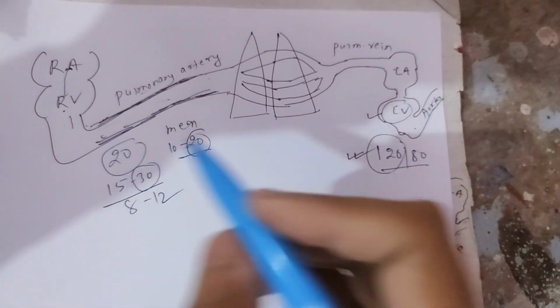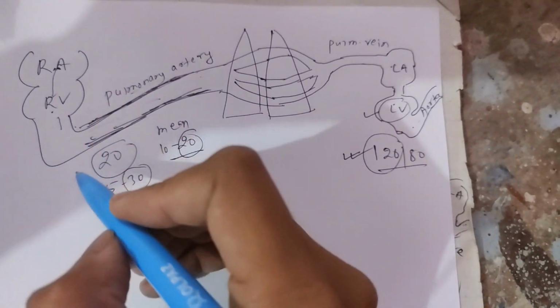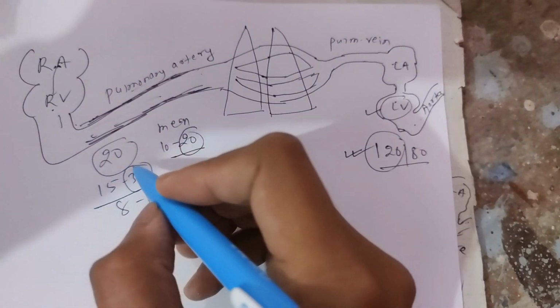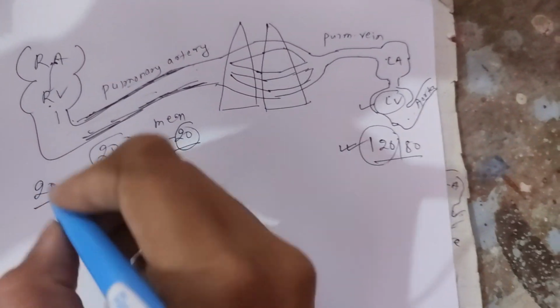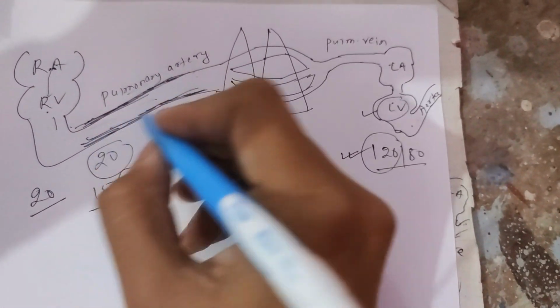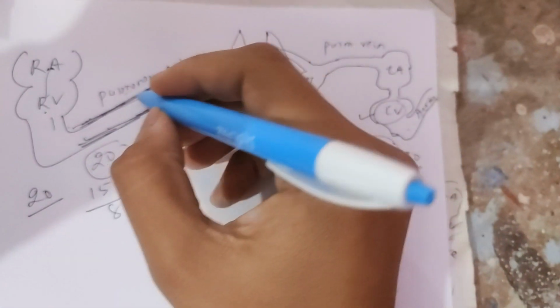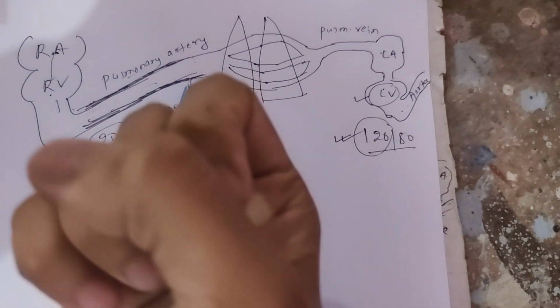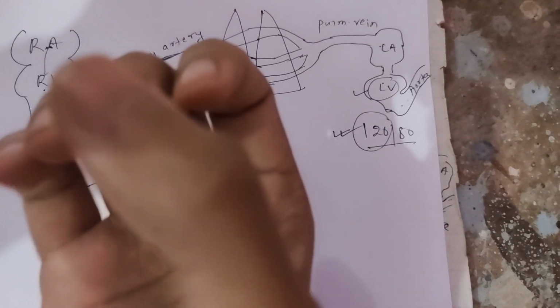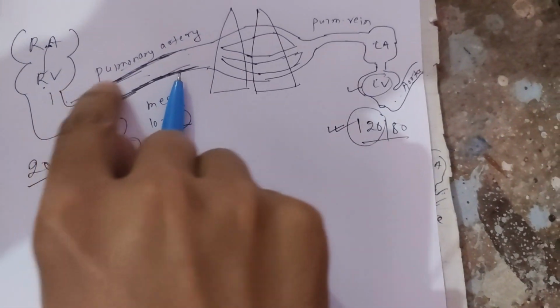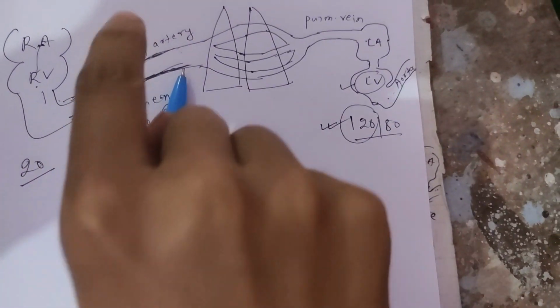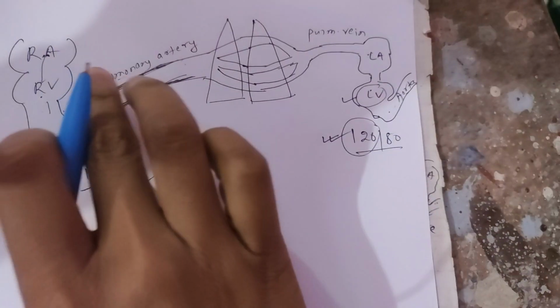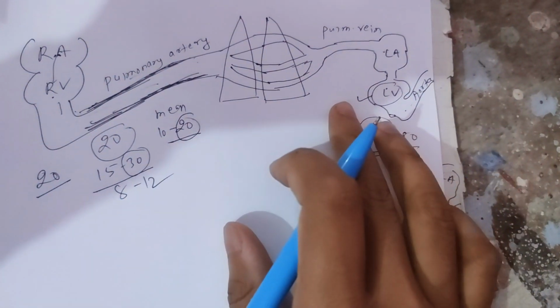So even though the right ventricle is generating systolic pressure of like 20 mmHg, the pressure here will be more because this wall is not distensible, right? If this wall was pliable, then pressure would be reduced, but this is stiff. So if this is stiff, the pressure will be high on this side.